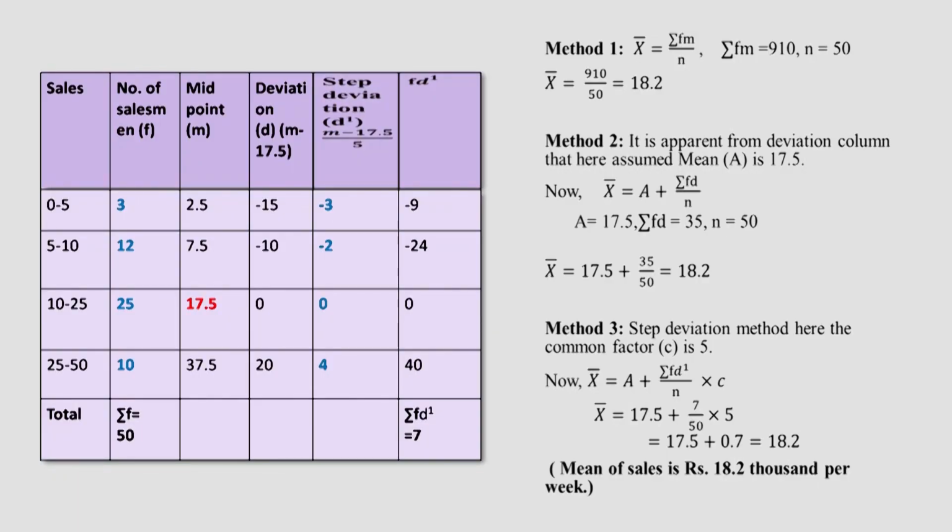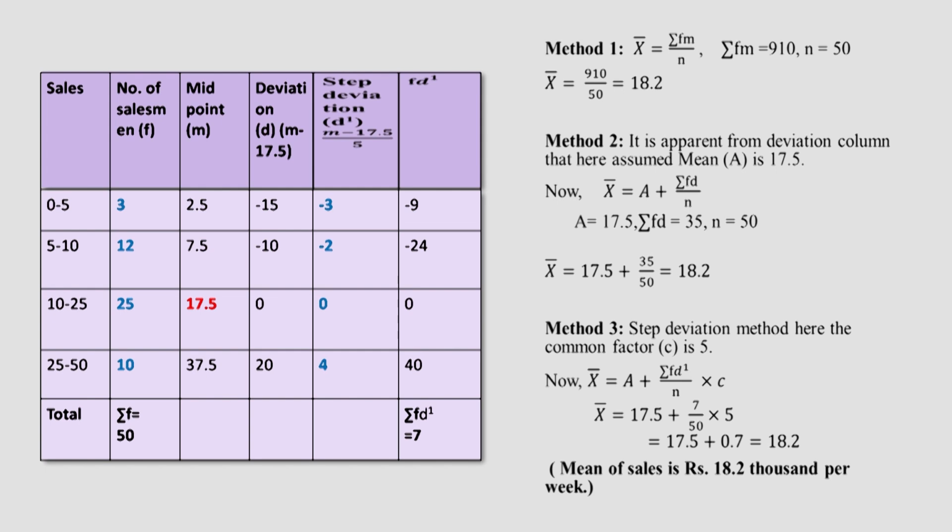Since we have taken a common factor here, the formula will also incorporate that common factor. So, now the formula would be mean is equal to assumed mean plus summation f d dash upon n into c, and c is the common factor. So, in this case you have to find the mean.